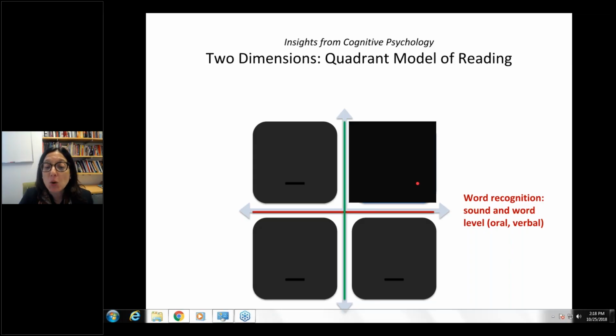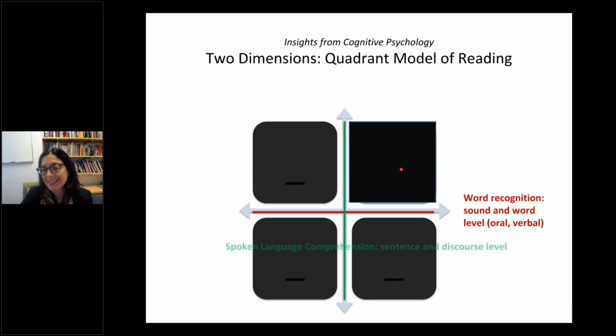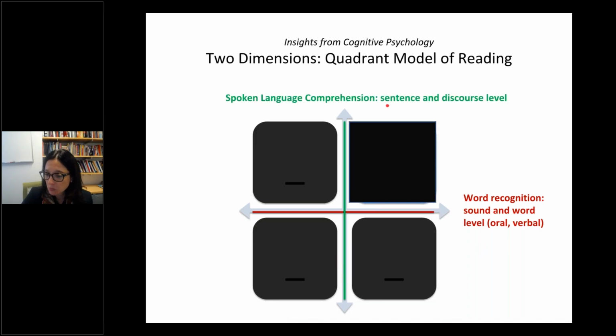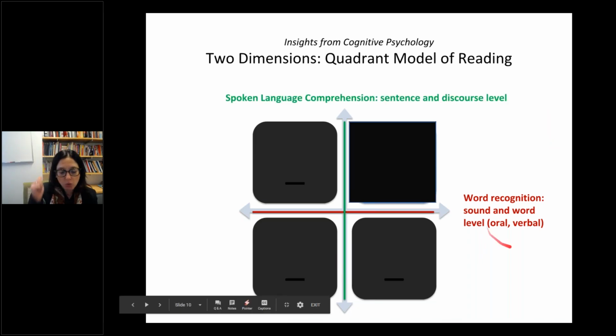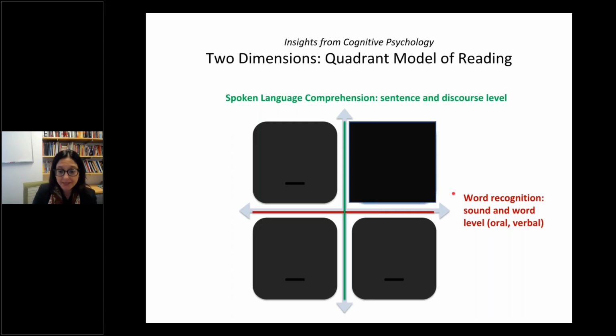The other level is spoken language comprehension, the sentence and discourse level. So what we're really going to be talking about is kids who have difficulty with word recognition, which is, again, one domain, one piece of learning to read, but we also don't want to ignore language comprehension, right? You want to be able to identify words, that's word recognition, but you also obviously have to understand language.